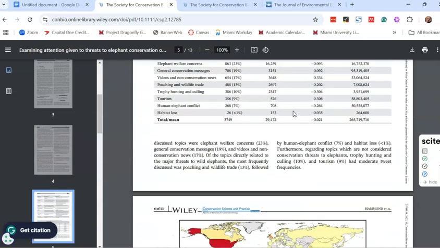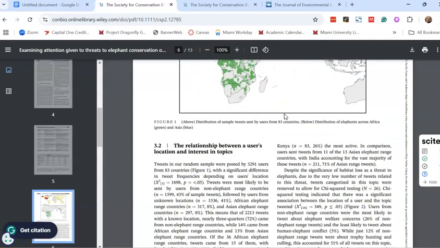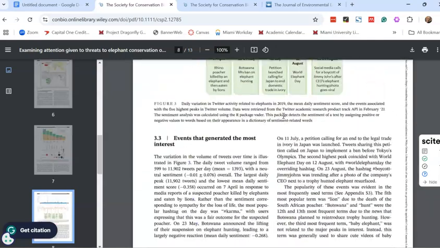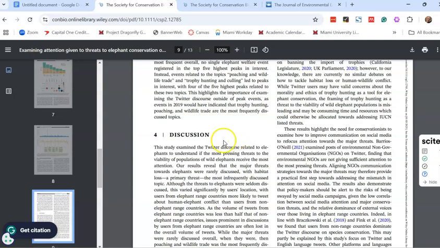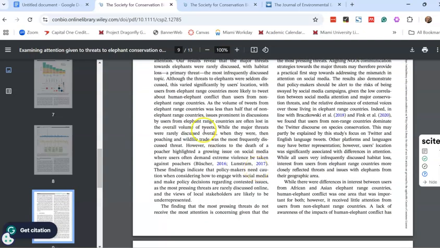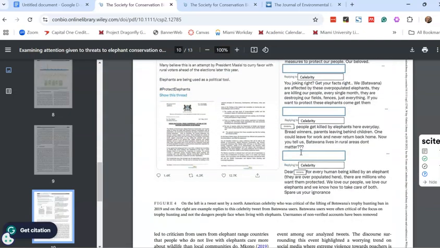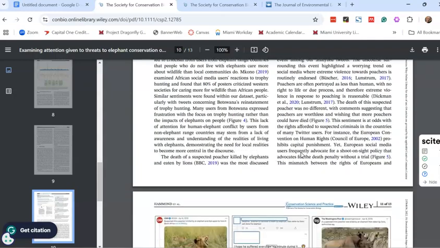Some tables, often some figures, and then finally you'll get to the discussion at the end, which is where they try to wrap everything up, link it to the other literature on the topic, and come to some final conclusions.